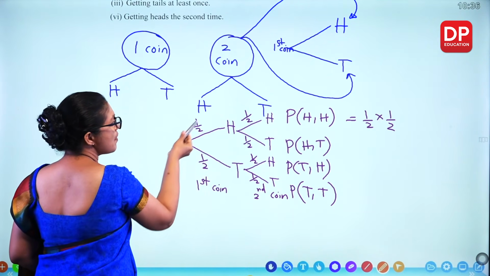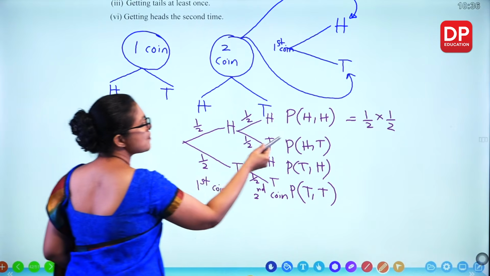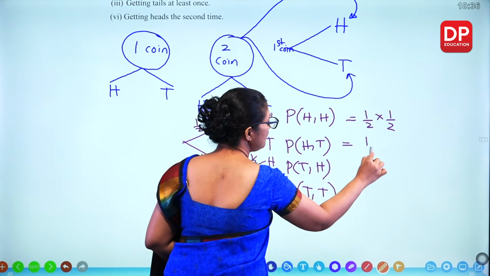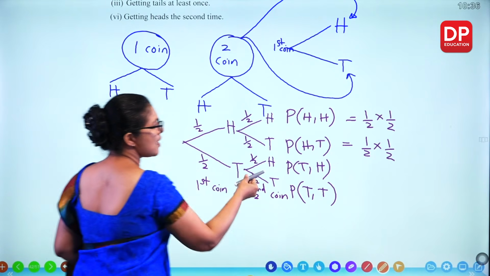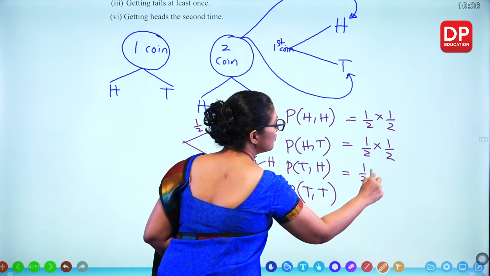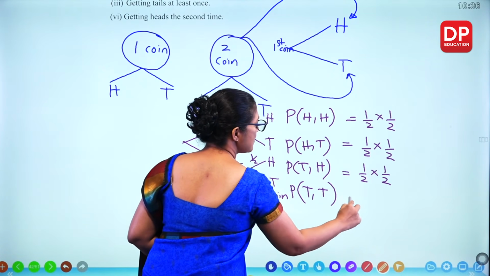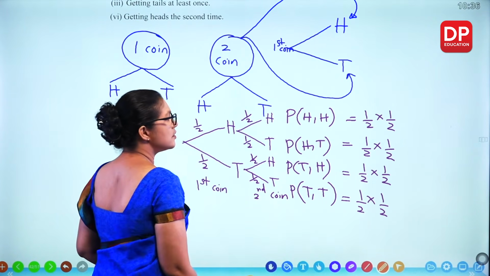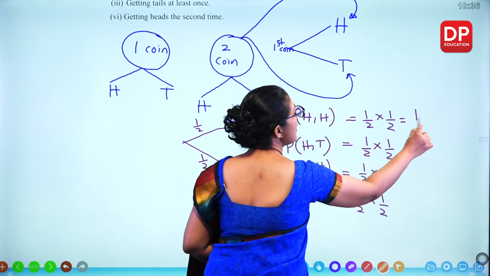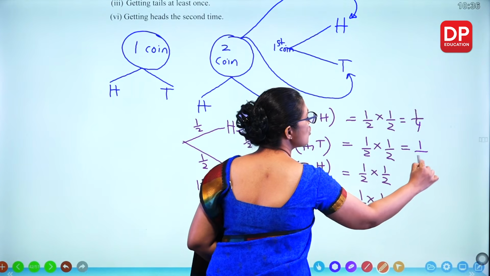If you want this branch, that's also half times half. This one, half times half. And this is also half times half. When you simplify, you get 1/4 for each one.